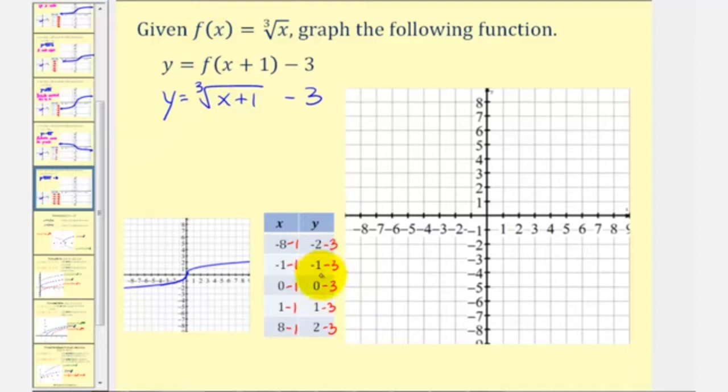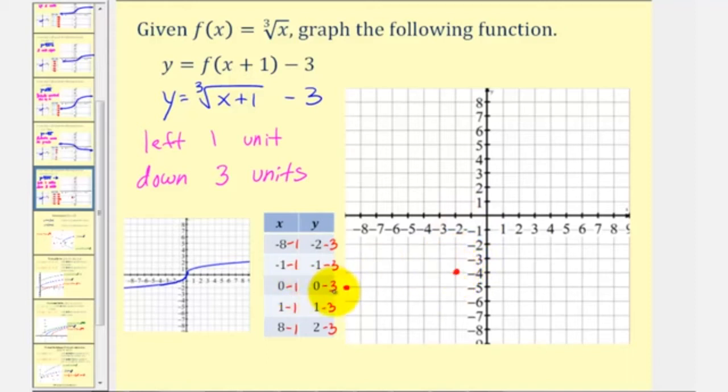Before we plot these 5 points though, we should begin to recognize that the plus 1 under the cube root, or f of the quantity x plus 1, would shift the graph left 1 unit, and the minus 3 on the end would shift the graph down 3 units. Here we have the point negative 9, negative 5, which would be here. And we have negative 2, comma, negative 4.